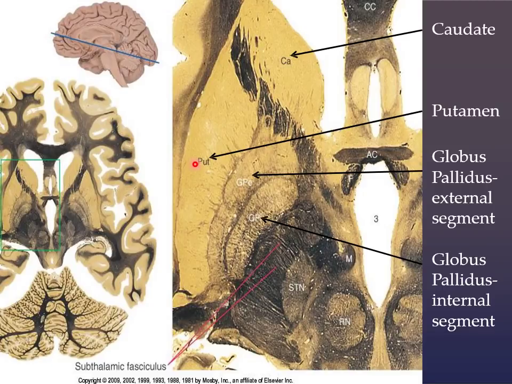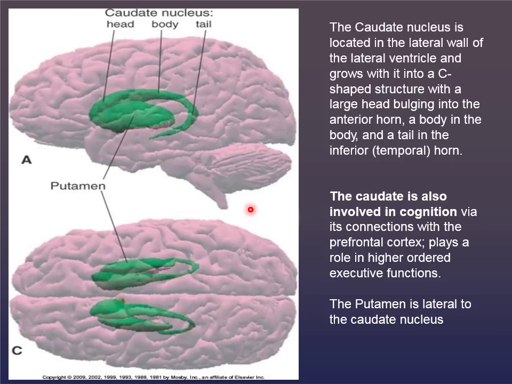And blown up a little bit more highly, we can see the putamen and the caudate nucleus, which are referred to as the neostriatum. And we can see the lentiform nucleus that includes the putamen and the globus pallidus, which has 2 parts, the external segment and the internal segment, the globus pallidus pars interna.